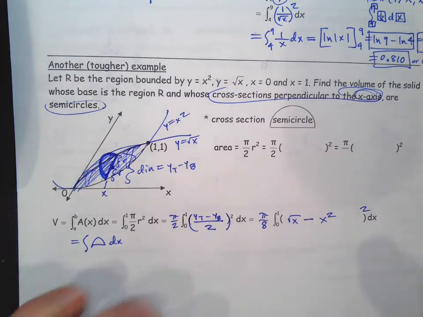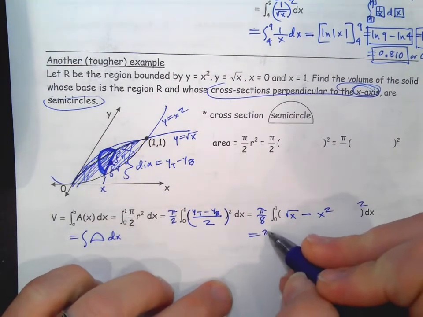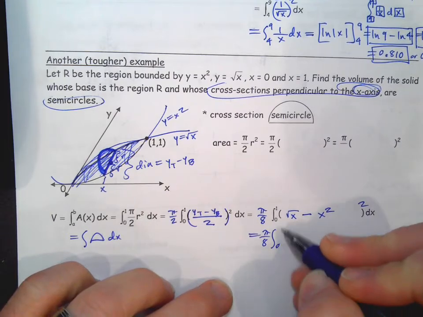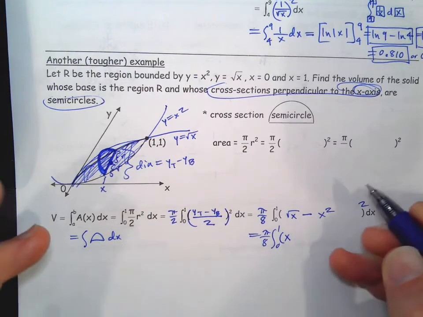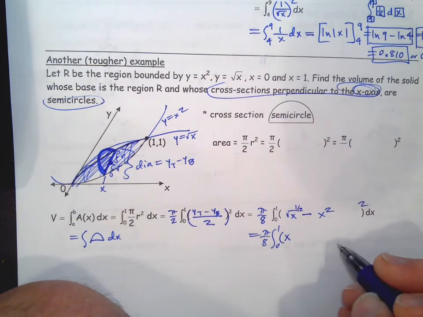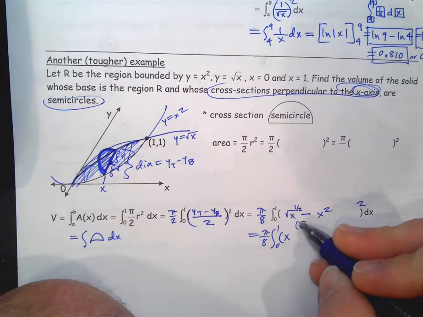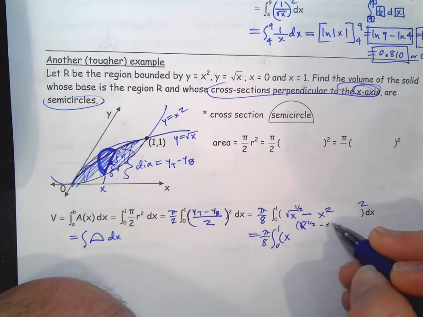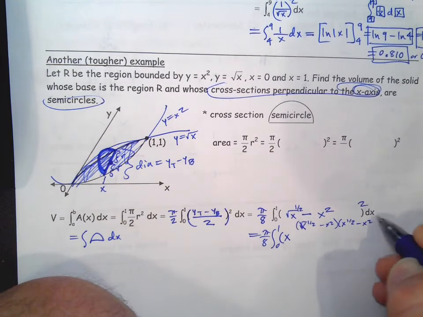So to integrate this, I think your best choice is to go ahead and FOIL this out. So it's going to be pi over 8, 0 to 1. This is x to the 1/2, so it's going to be x. And if it helps, you can write it out. So we're FOILing this.